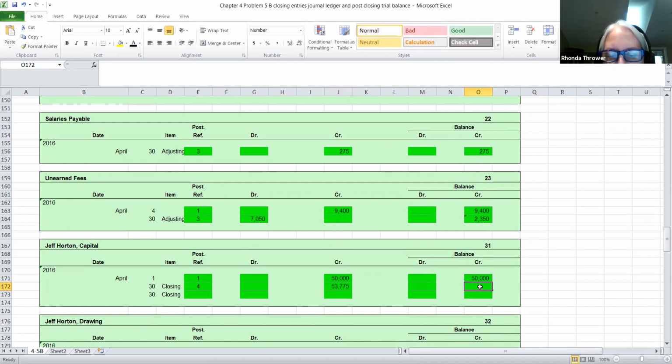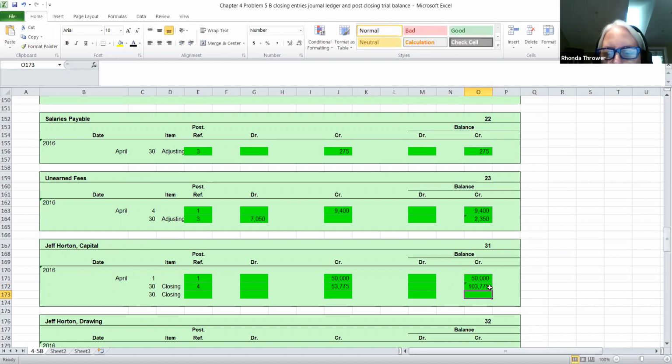And what that's going to do, because this is net income, it's going to add to my previous credit balance. So I'm going to take my previous credit balance and I'm going to add to it the credit for the net income. My net income adds to it.